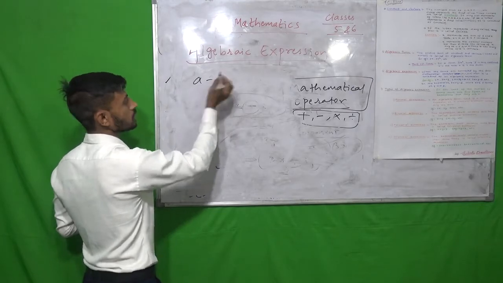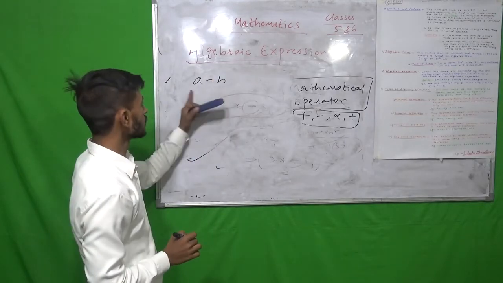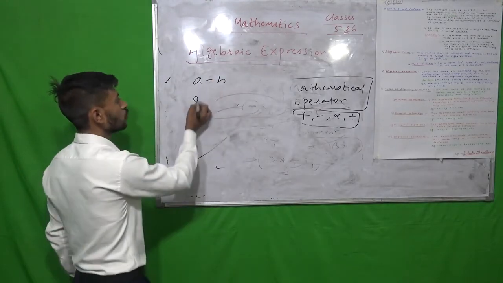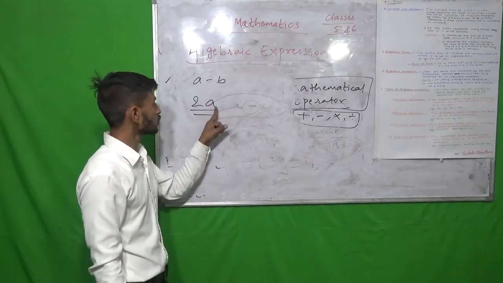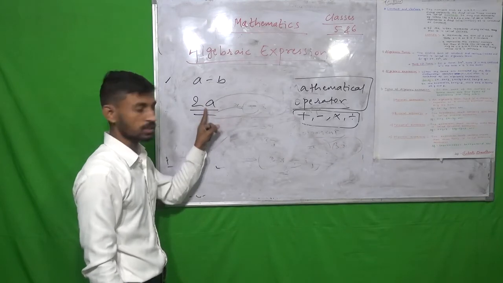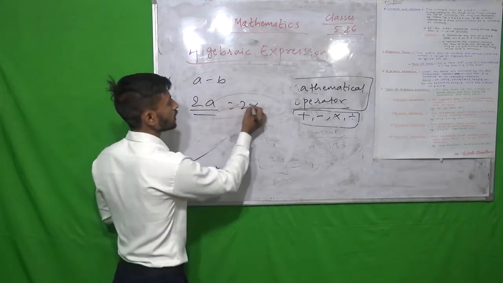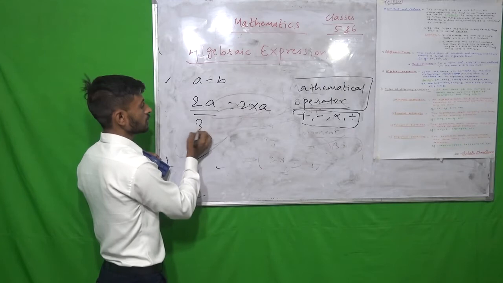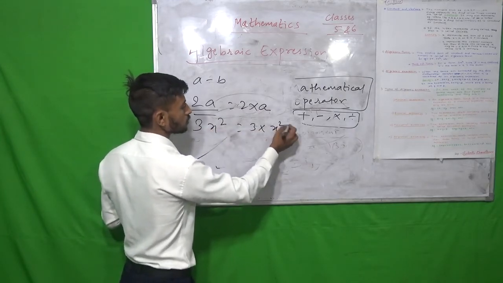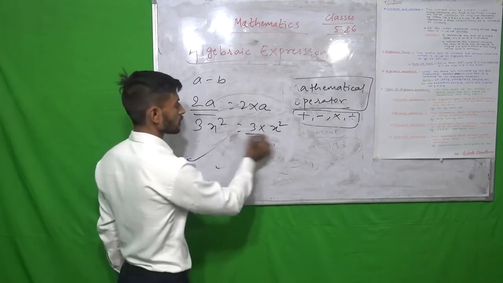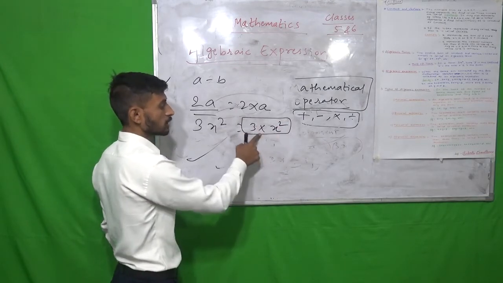A minus B, this is an expression. Only 2A, it is also an expression. Here 2 and A, two terms are connected by multiply sign. This means 2 multiply A. 3x square, here 3 multiply x square. Here two terms are connected by multiply sign.